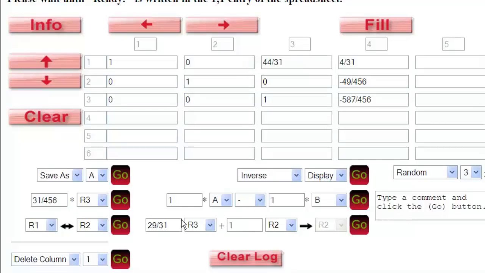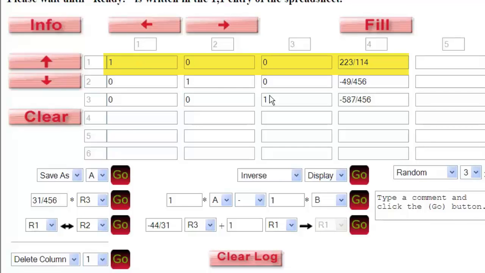Sure enough it does. And now I want to reduce row 1. So I want to take negative 44 31sts times row 3 and add that to 1 times row 1, and that should reduce that to 0.